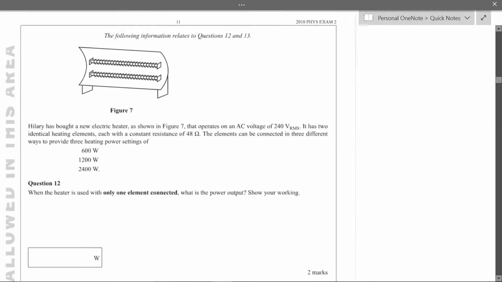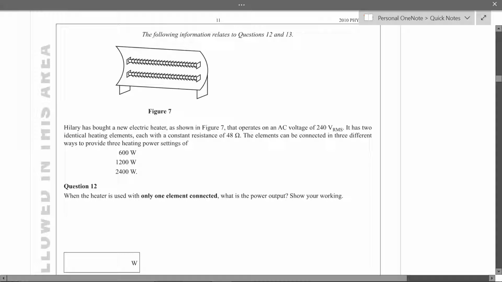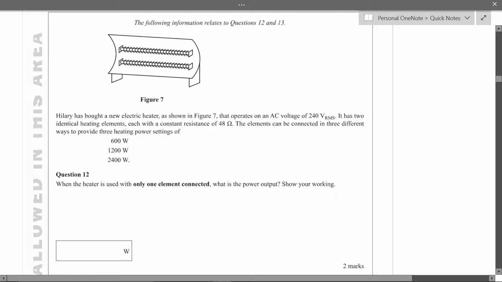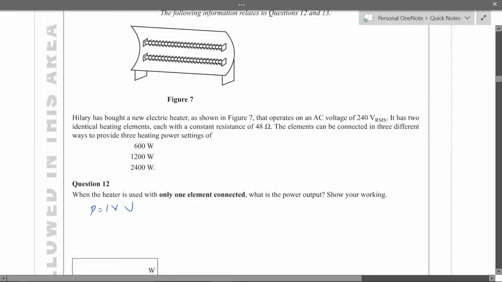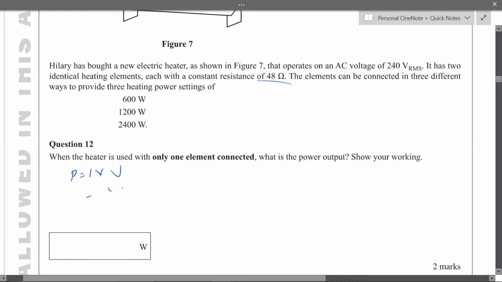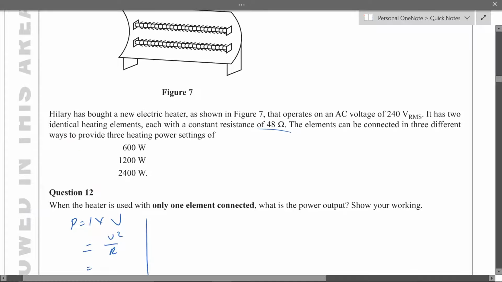So next question: when the heater is turned on with only one element connected, what is the power output? Power is just P equals I times V, and it has two identical heating elements with constant resistance of 48, so we can rewrite this as V squared on R, and V is 240.